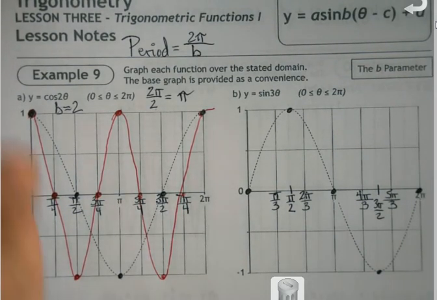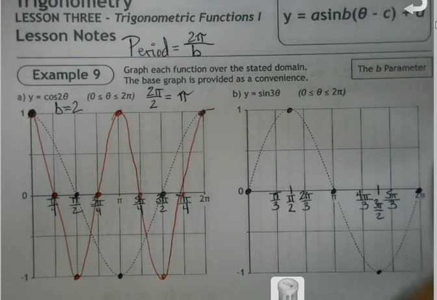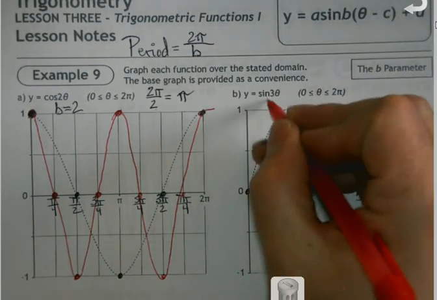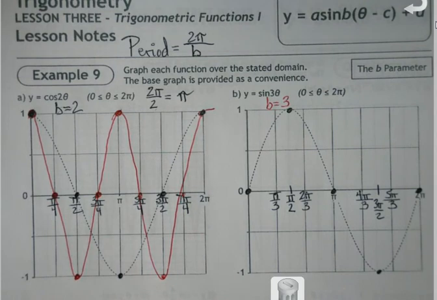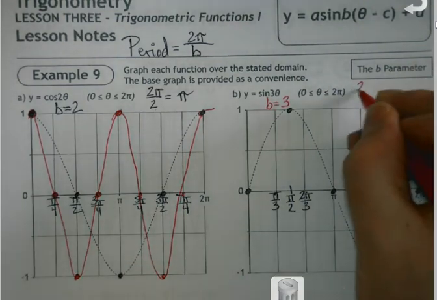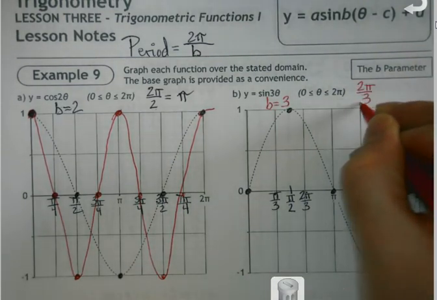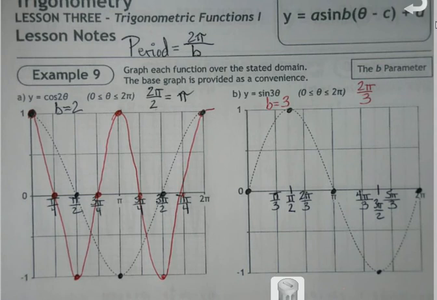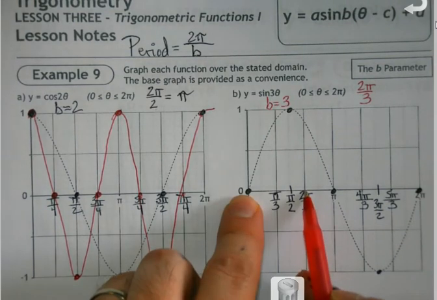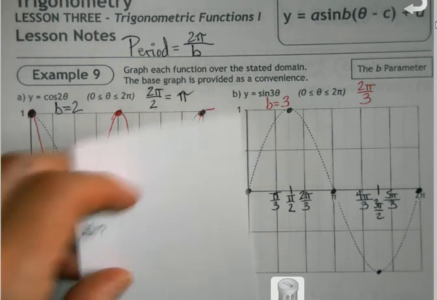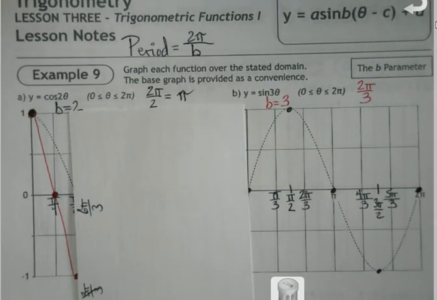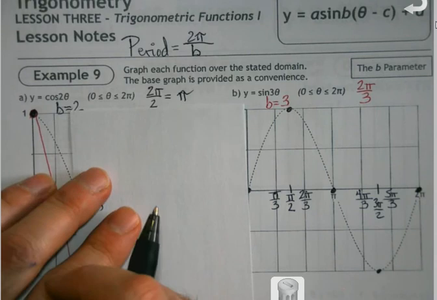And we're going to do the same thing that we did on the last one. My period value is 3. So my period's going to be 2 pi over 3. So you're like, you're going to get that whole graph in this little area. Yes, I absolutely am. And here's how. We're going to look at it like we did that last one and kind of chart this.